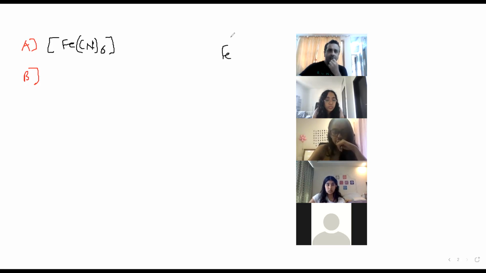Okay, here Fe is 3 plus and CN is 1 minus. So you need to write the charge on this complex ion. Okay, Alisha, start.